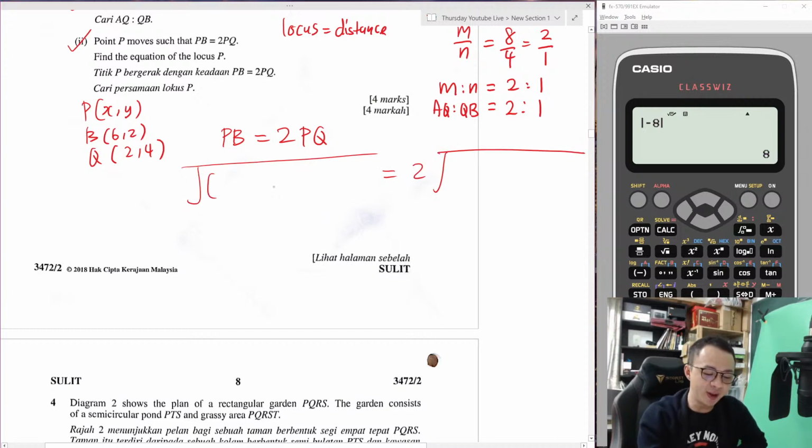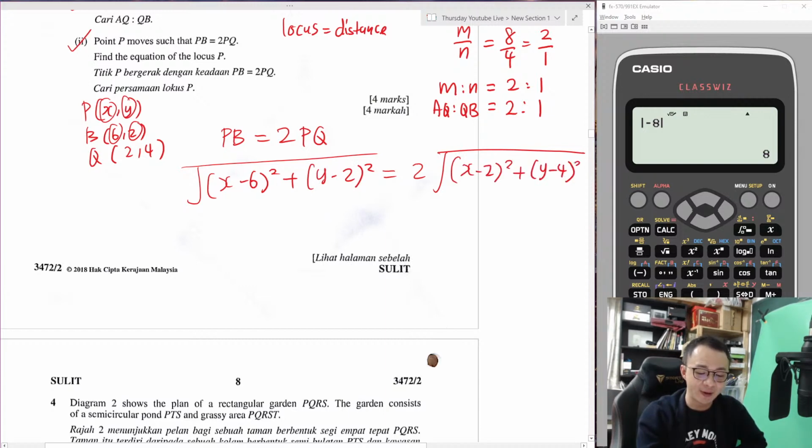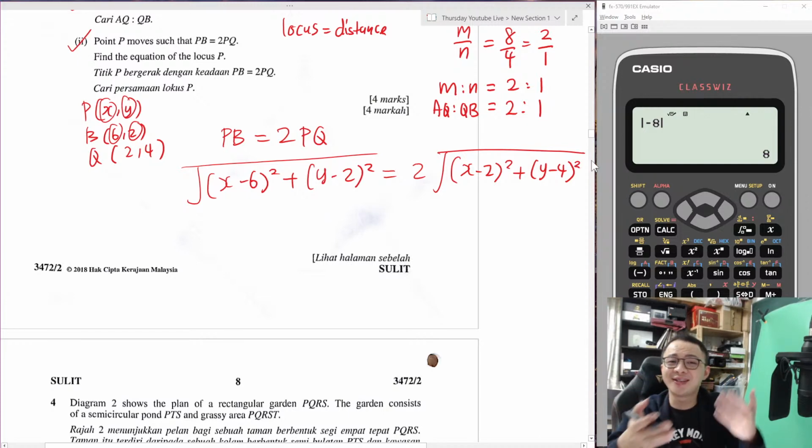So the formula is square root of x minus 6 squared plus y minus 2 squared. Then we do the same thing for PQ: square root of x minus 2 squared plus y minus 4 squared. Because the distance formula is x1 minus x2 squared plus y1 minus y2 squared.